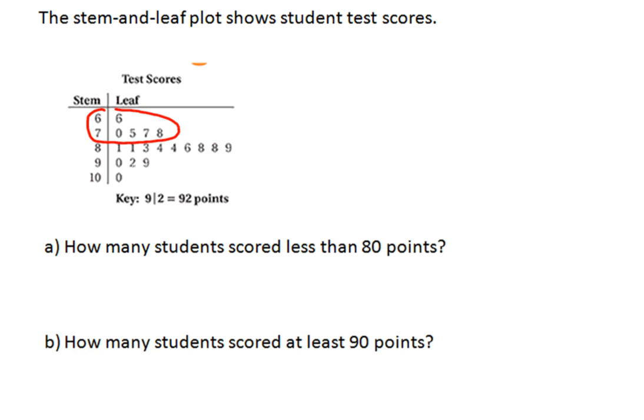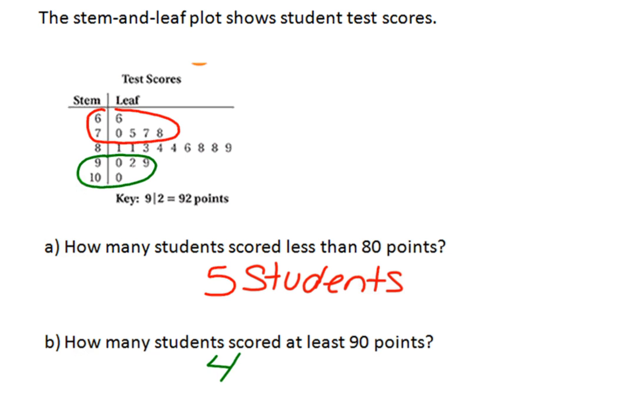So how many students is that? 5 students. B, how many students scored at least 90? At least 90 means 90 or more than 90. So that's a 90, 92, 99, and 100. So that's 4 students.